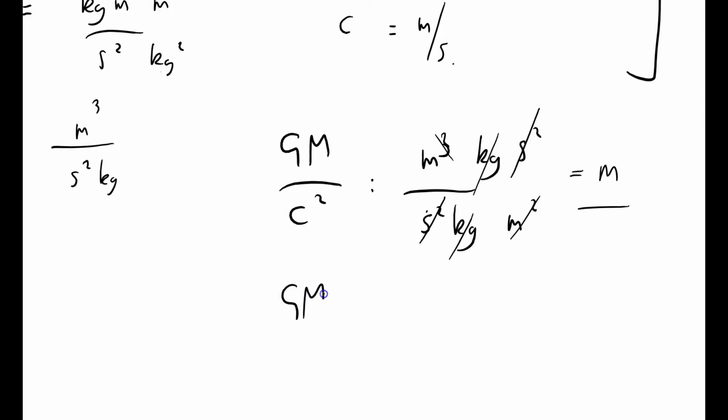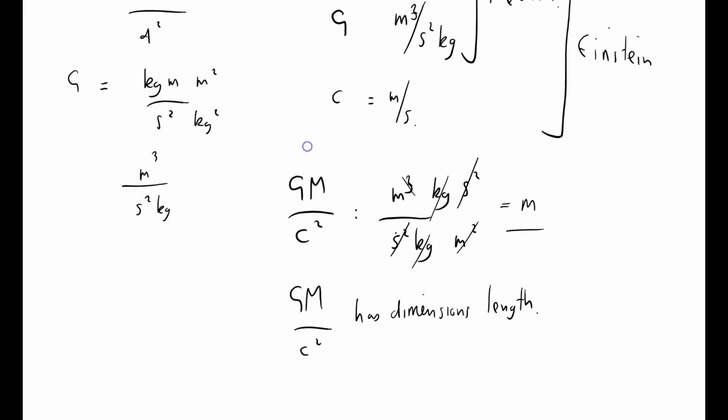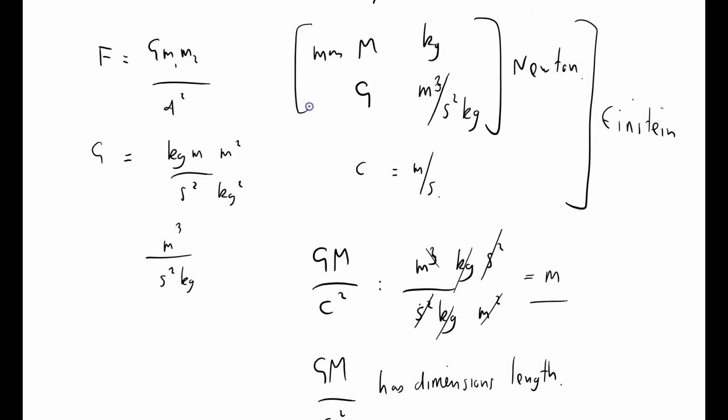So the group GM over c squared has dimensions of length. We'll recognize this later as half the Schwarzschild radius. But for the moment, I just want to observe that the Newtonian paradigm has no standard length scale.